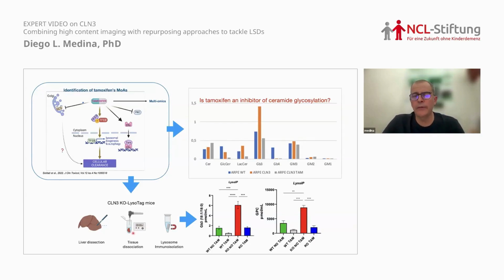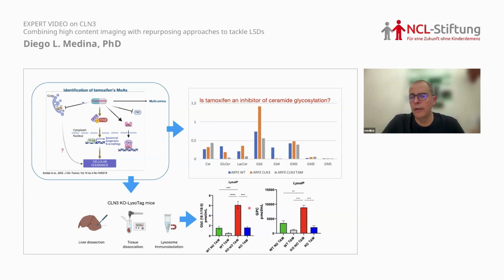By using this and treating with tamoxifen, we found that, of course, tamoxifen is able to significantly reduce, as you can see in this bar plot, the level of GB3 within the lysosome. This demonstrates formally that tamoxifen reduces pathological accumulation of GB3 in the lysosome.